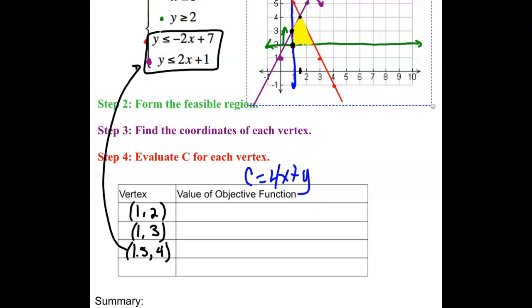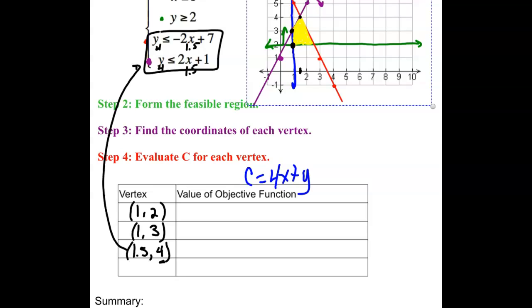So let's check. If we put 1.5 in for x, 2 times 1.5 is 3, so we get negative 3 plus the 7 would be 4, which is what we're supposed to be getting for our y value. If we put 1.5 in for x here, 2 times 1.5 is 3, plus the 1 gets us 4. So the point is working in both of those.